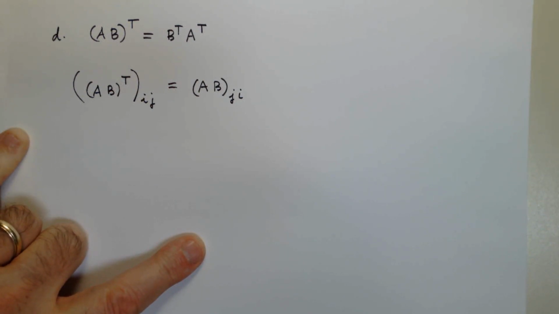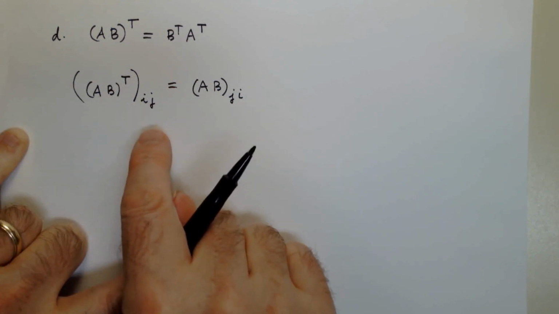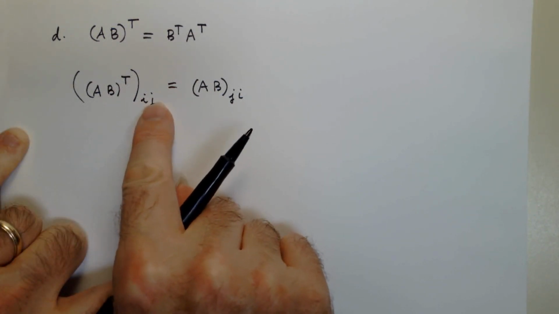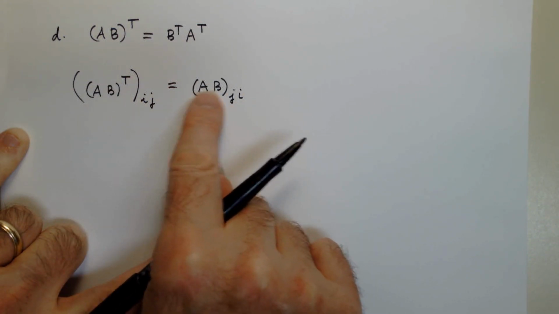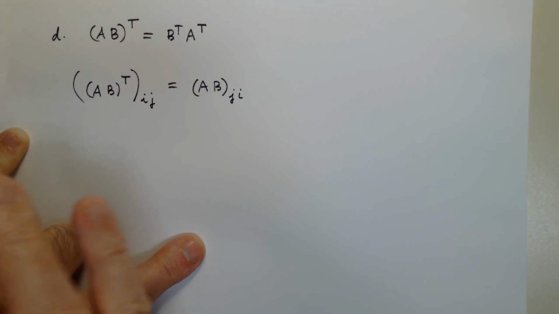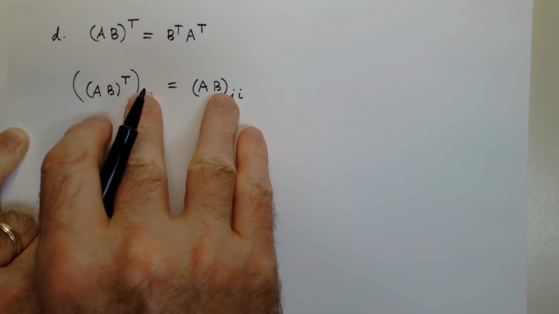The roles of the rows and columns have been reversed. So whatever is sitting in, for example, the 2-3 position in the transpose is what's sitting in the 3-2 position of the matrix itself. So we have this relationship.